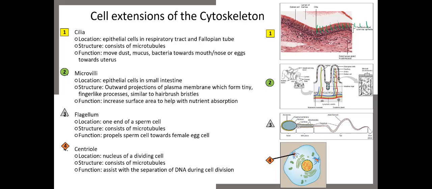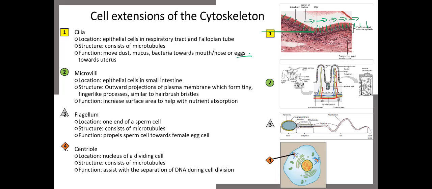They consist of microtubules, and they help to move dust, mucus, and bacteria towards the mouth and the nose. They're found in the respiratory tract, and cilia are also found in the fallopian tube in the female reproductive system to help move eggs released by the ovary towards the uterus.